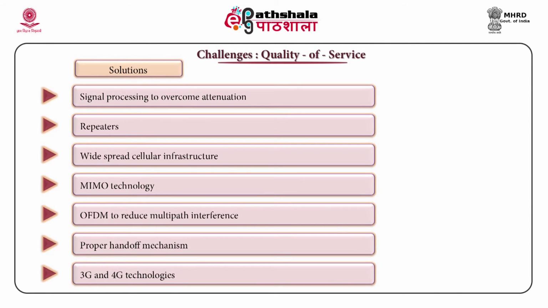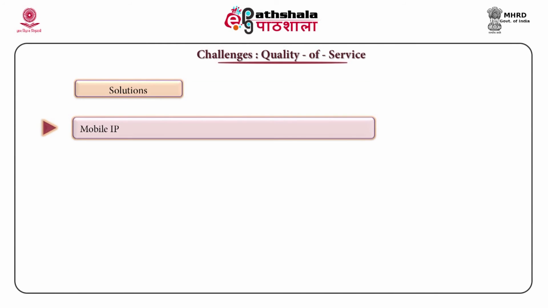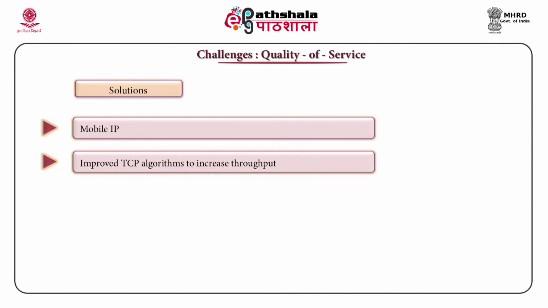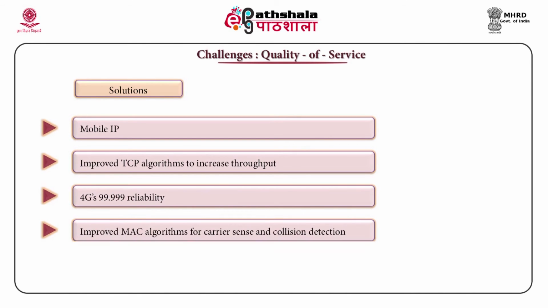Also proper handoff mechanisms when the device moves from one cell to another, mobile IP to ensure internet mobility, improved TCP algorithms to increase the throughput, and improved MAC algorithms adapted for the wireless scenario for proper carrier sense and collision detection. 3G and 4G technologies are all measures taken to improve the quality of service. 4G technology is coming with a reliability of 99.999, also known as five-nines reliability.